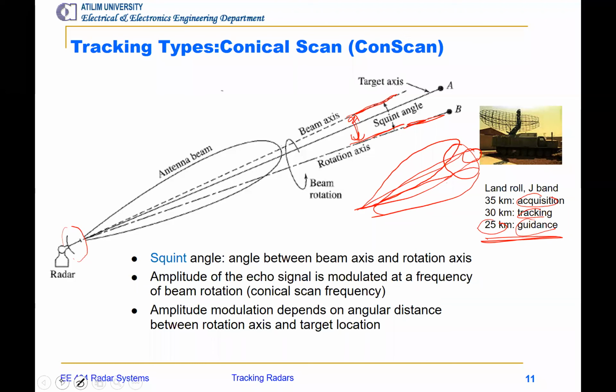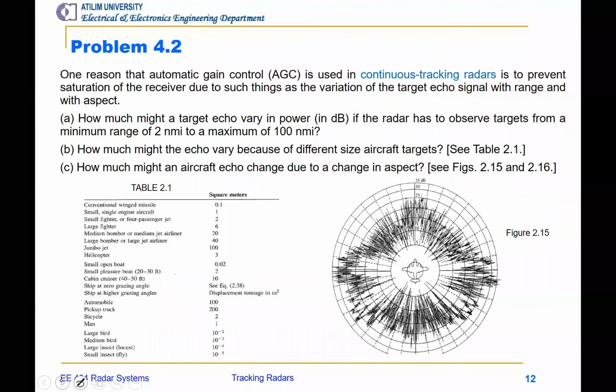Here we have an example, a problem from the textbook. Here we'd like to actually give emphasis on automatic gain control, AGC, which is a very critical block in spatial tracking radars. It's used in almost all radars, but in tracking radar, that's quite critical.